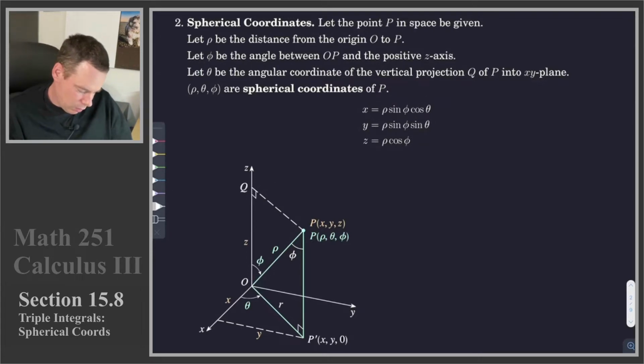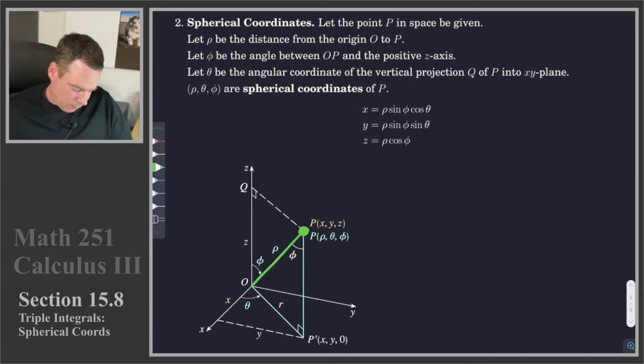And the picture summarizes what these values capture. So rho is just the distance from the point to the origin. Here we're thinking of this as our point, and the rho value is just the length of this line segment out to that point. It's the length of the line segment OP. So that's rho.